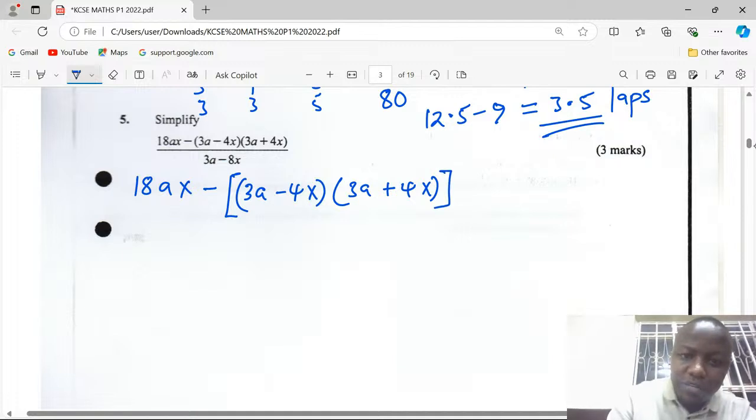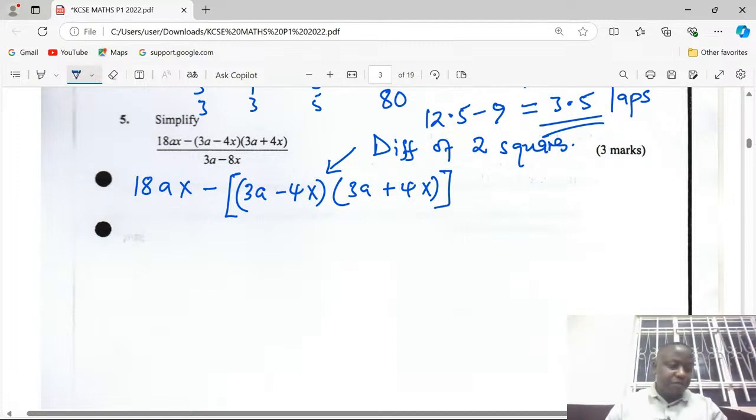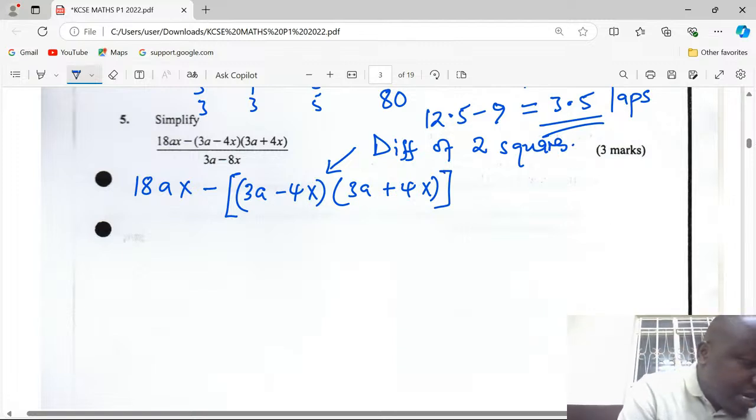We should tell ourselves that whatever is in the brackets now is a difference of two squares. When a difference of two squares has been simplified, it is very easy for us to expand it.